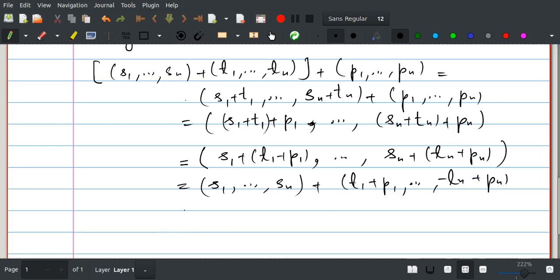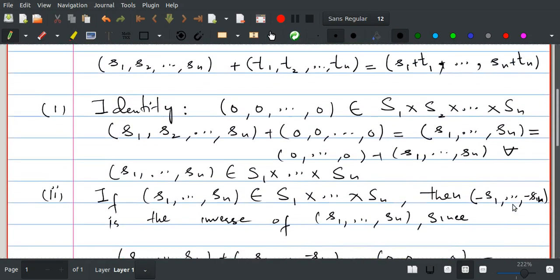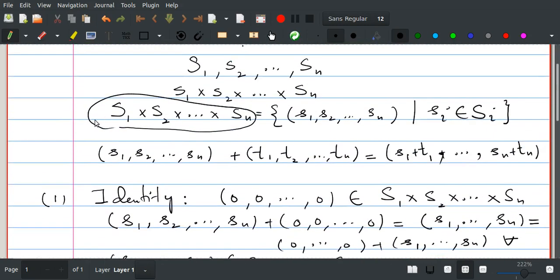This further equals S1 through Sn plus T1 through Tn plus P1 through Pn. So this shows that this set is an abelian group with respect to this binary operation.